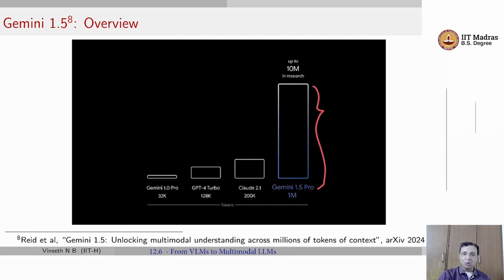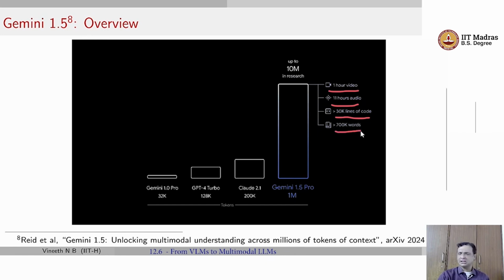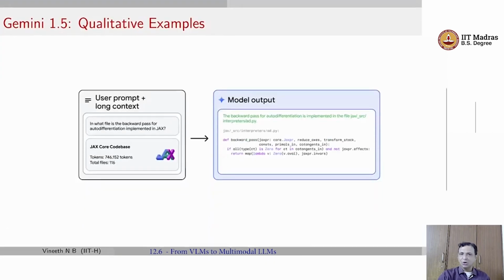What does 10 million tokens really mean? It could mean a 1-hour video that can be used to prompt Gemini, 11 hours of audio, 30k lines of code, or 700k words, which are a significant amount of information that can be used for prompting. You could ask the question, what can I do with this? Here are a couple of examples. You could do very interesting things like, in what file is the backward pass for auto differentiation implemented in JAX?